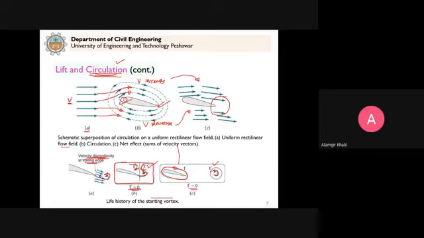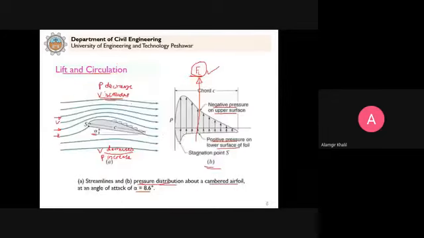When this body moves and the fluid velocity approaches this body, it will result in increased velocity and decreased velocity, and this will result in increased pressure and decreased pressure, and it will result in this force which we are interested in calculating.